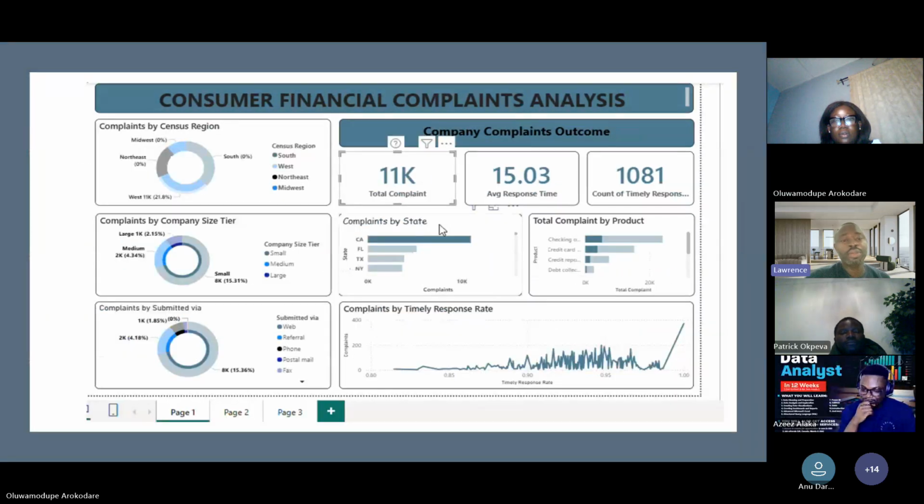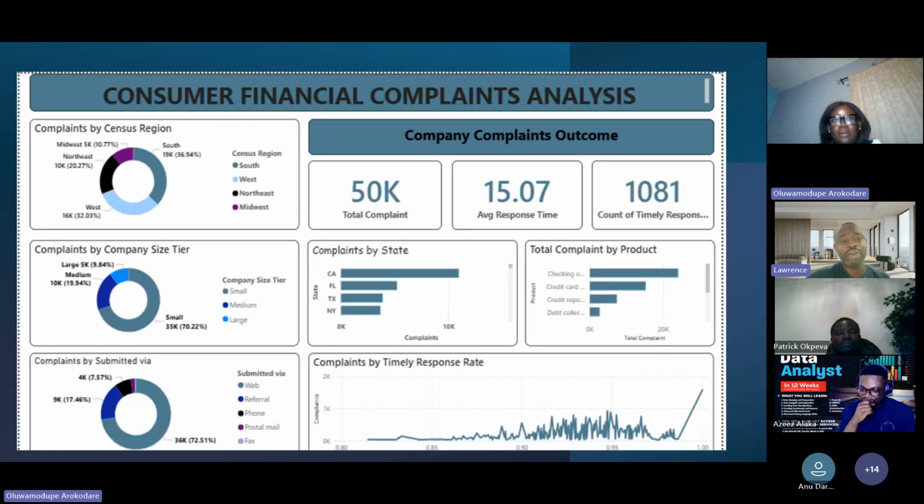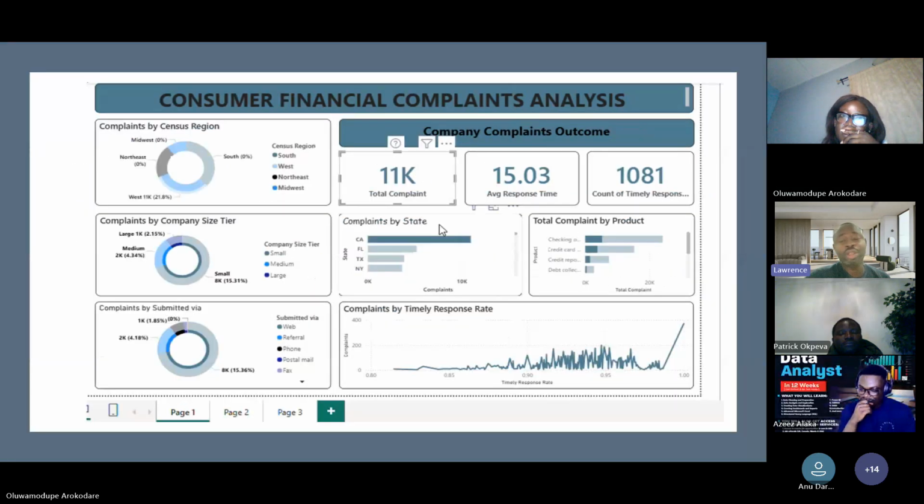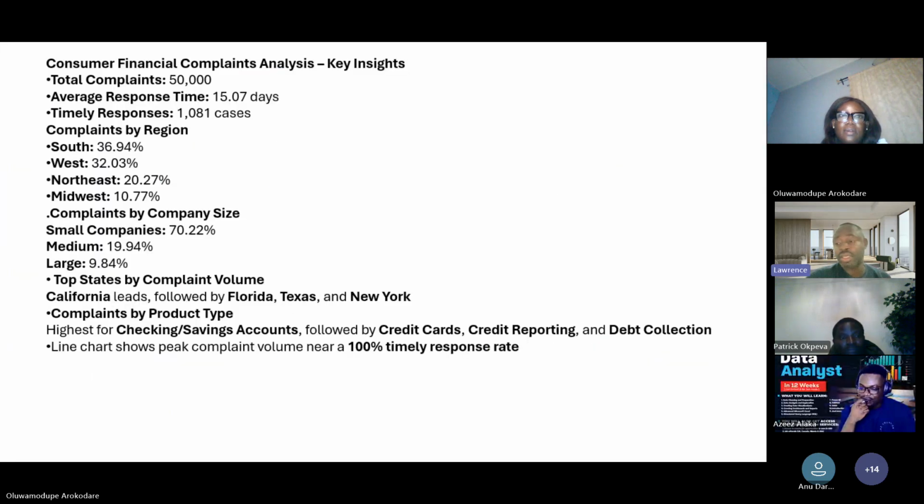Not the dashboard now. The dashboard is the same feedback. Then it's complaint by timely response. I don't know what you want us to see here, but it's fine. All right, but go to where you have those wordings. My insight. Not the, yeah, key insight and all of that.